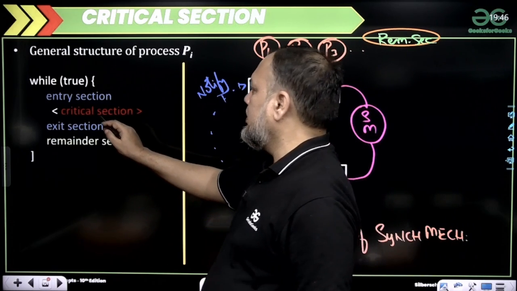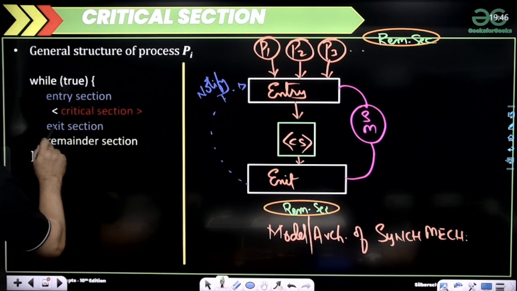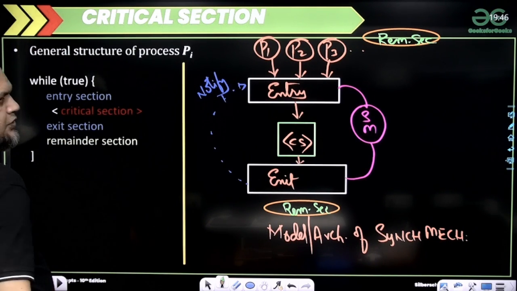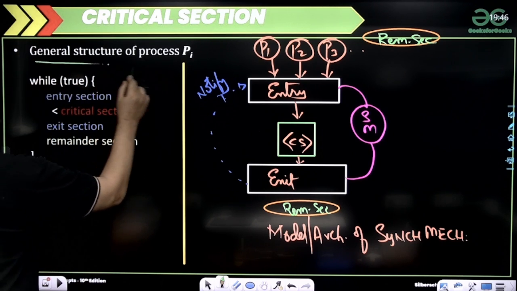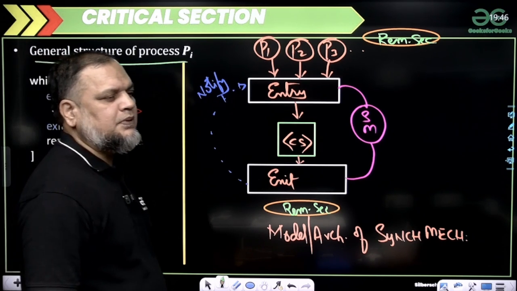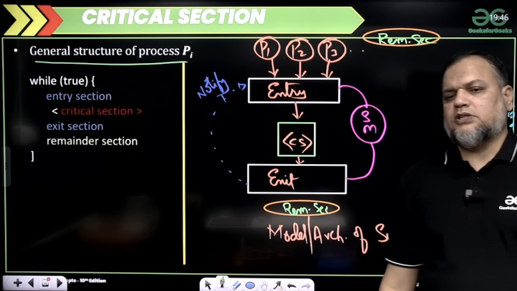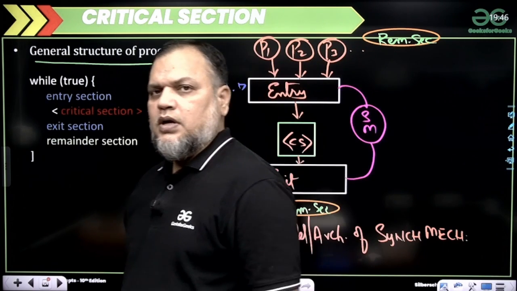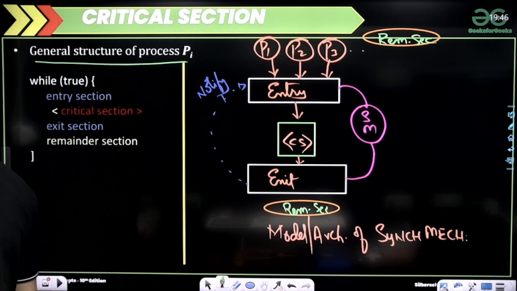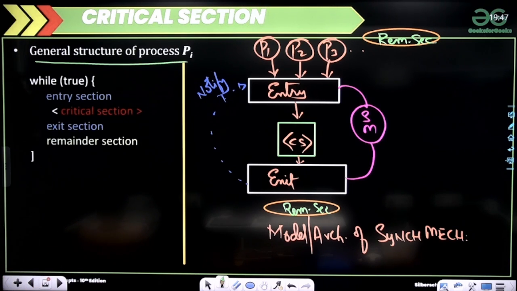So you can check here: I have entry section, critical section, exit section, remainder section. So boys and girls, this is what is called the general structure of a process Pi participating in an environment having a synchronization mechanism to make sure of a well coordinated communication environment between the processes.